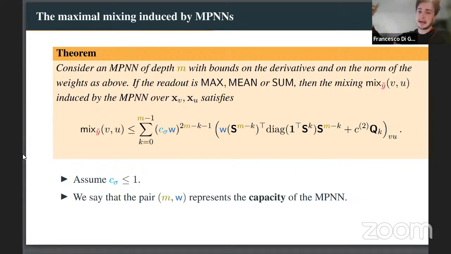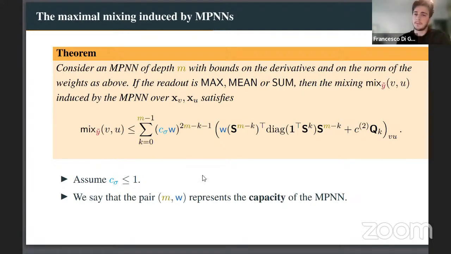basically deriving a very general upper bound on the mixing that an MPNN prediction can induce between the features associated with nodes v and u, right? So this mixing is a function of two things.